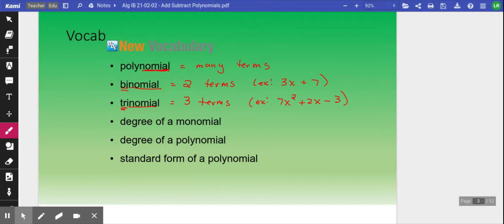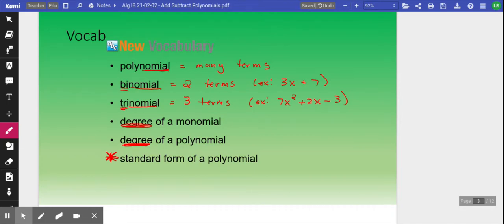Now, when we start to talk about the word degree, what the degree helps us with is this part. In all of our answers we write, we want to make sure we're putting them in standard form of a polynomial.